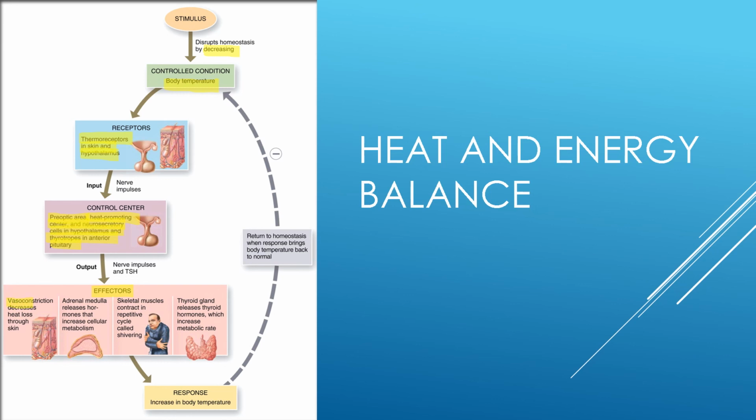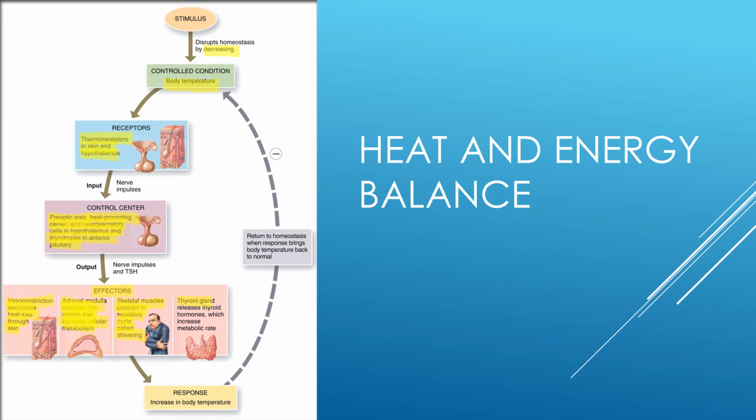So we're going to get vasoconstriction in the skin to decrease heat loss through the skin. The adrenal medulla will also release hormones to increase cellular metabolism, increasing body heat that way. The skeletal muscles will contract very quickly, what we call shivering, which also increases body temperature.